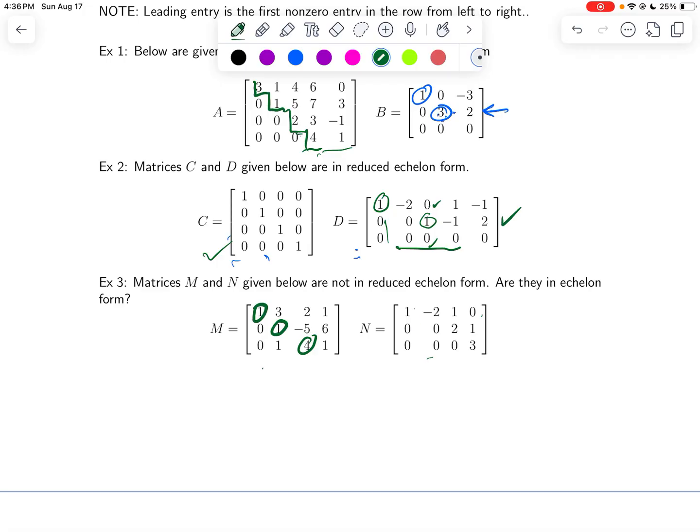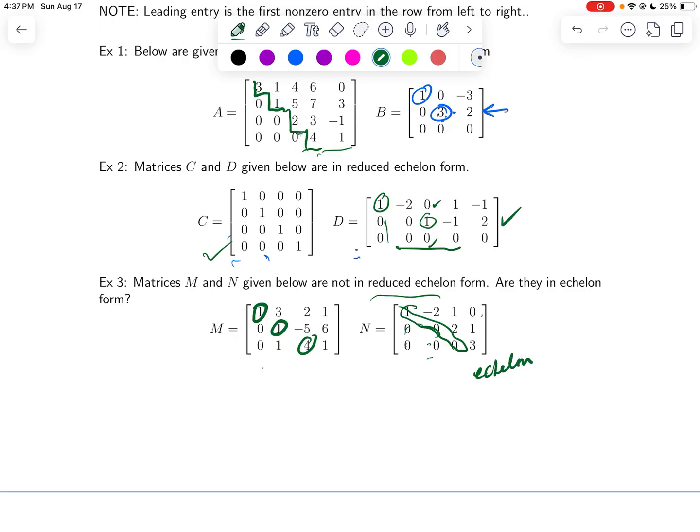The diagonal is like this. So all the entries below the diagonal are 0, but not all the entries. So this one is in echelon form. Okay. So they are not in reduced echelon form, but they could be in echelon form. So this one is echelon.